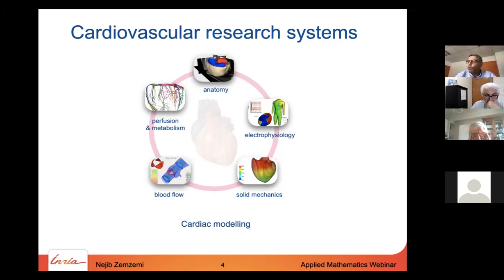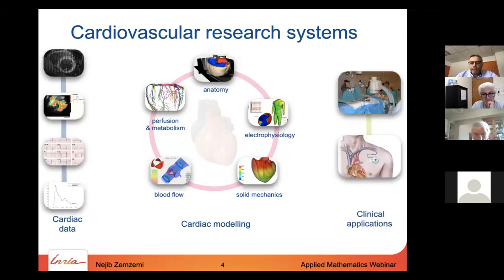There is the blood flow problem with the fluid structure interaction. This is also another area of research. There is the perfusion metabolism, which is the irrigation of the cardiac tissue, which is also another research area. So we will be focusing on cardiac electrophysiology, the electrical wave in the heart.